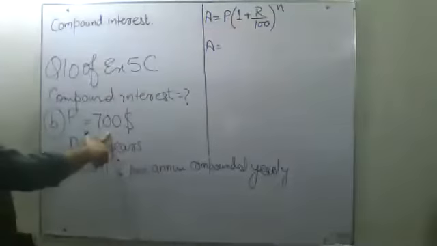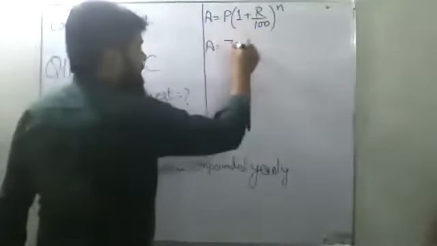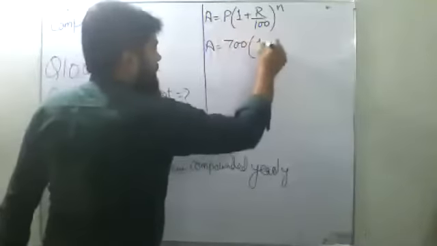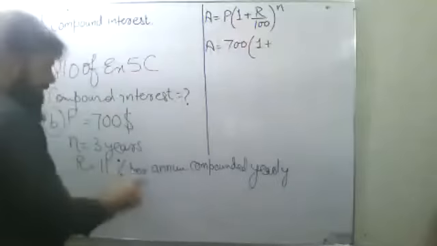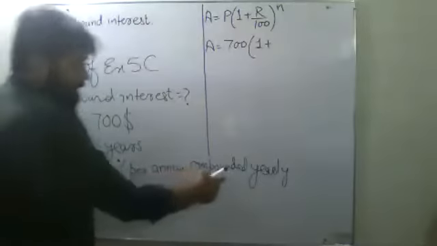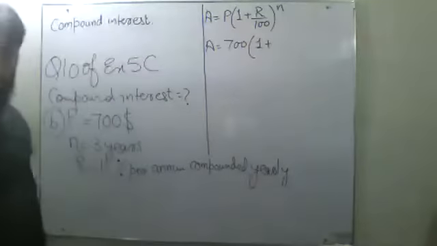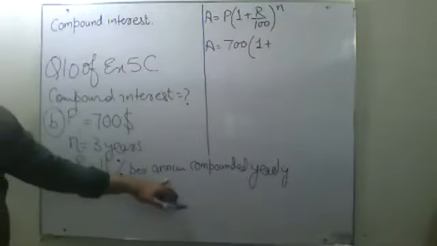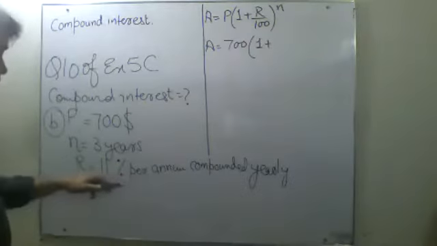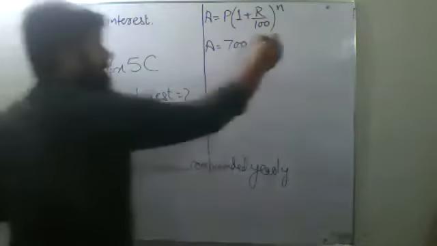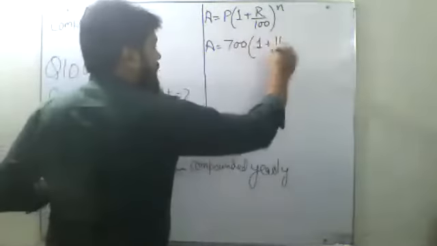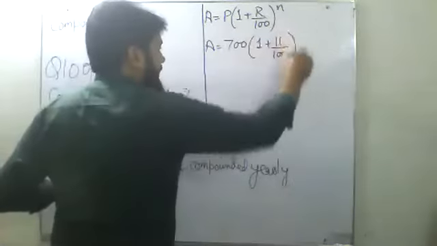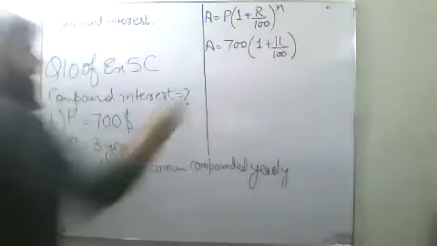Principal is 700. Rate is 11% per annum compounded yearly. Compounding yearly is given, and per annum also means yearly. So 11% will be 11 over 100, and n is 3 years.